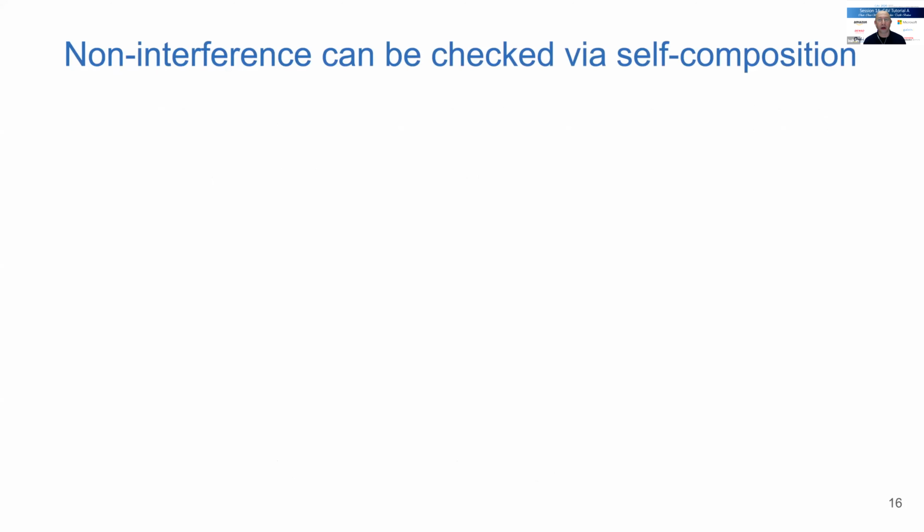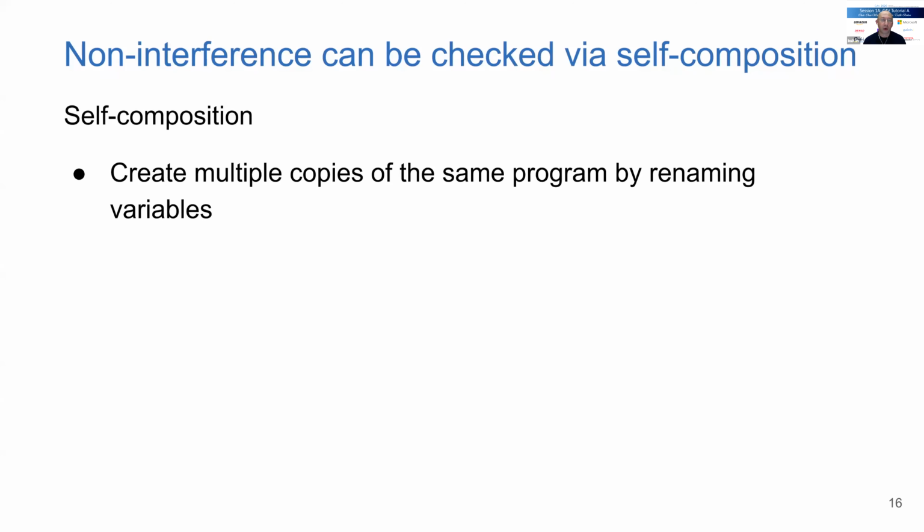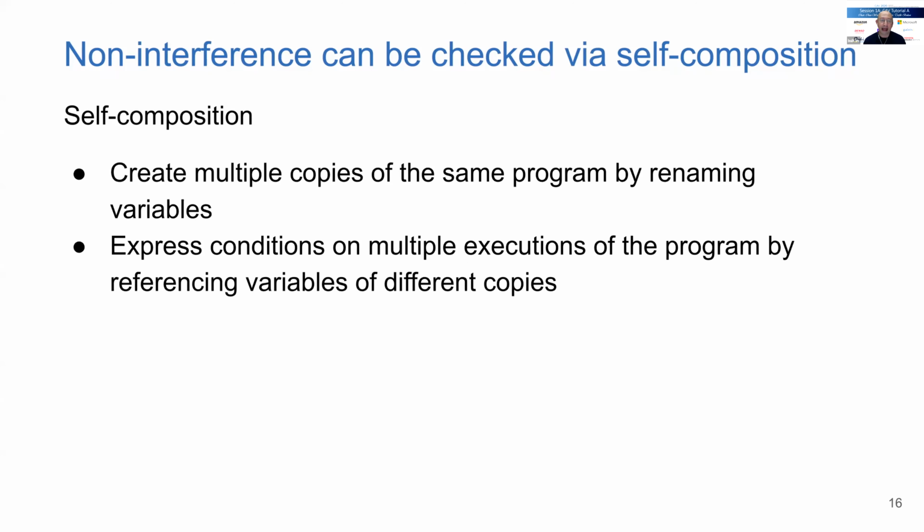And furthermore, you can use this concept of self-composition, where the idea is that you create multiple copies of the same program by renaming variables, and then express conditions on multiple executions of the program by referencing variables of different copies of the program.